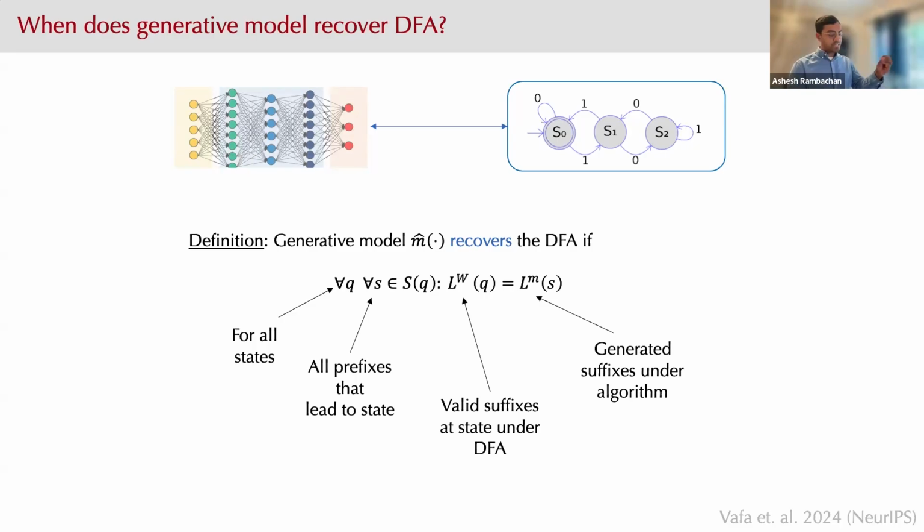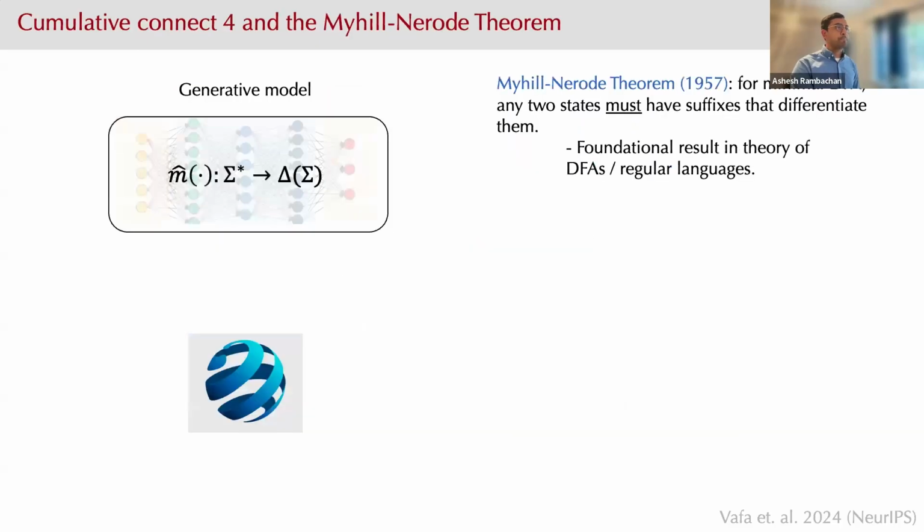So in other words, fix any state, consider any sequence that puts you in that state, and ask what are the valid continuations out of that underlying ground truth. Does that align with the valid completions produced by your generative sequence model?